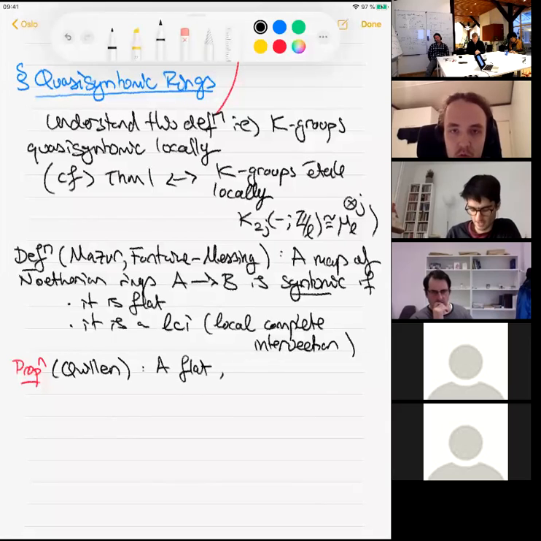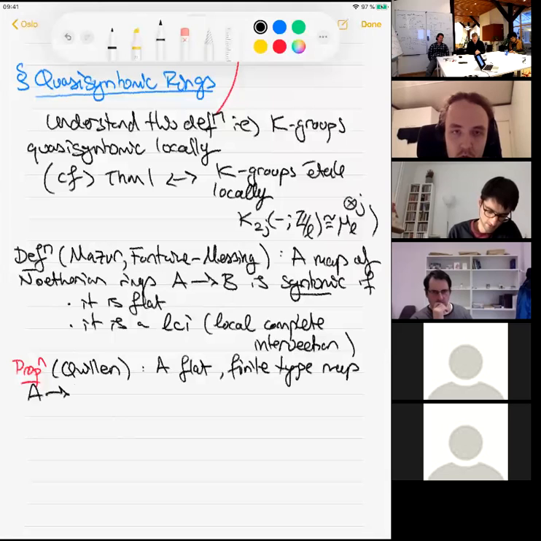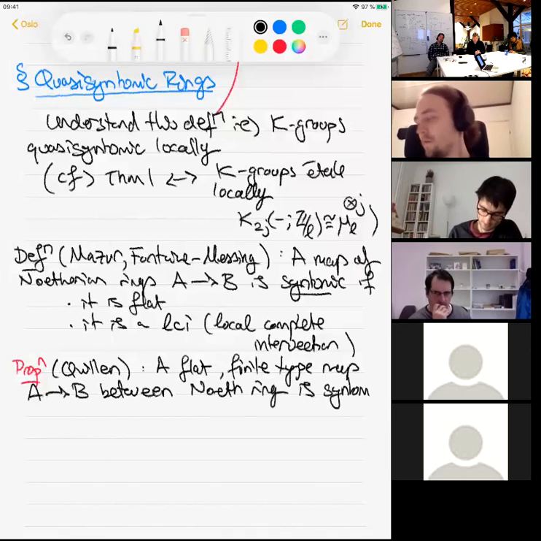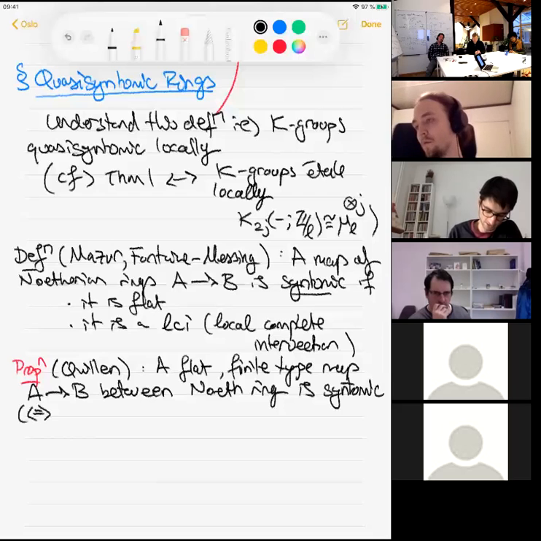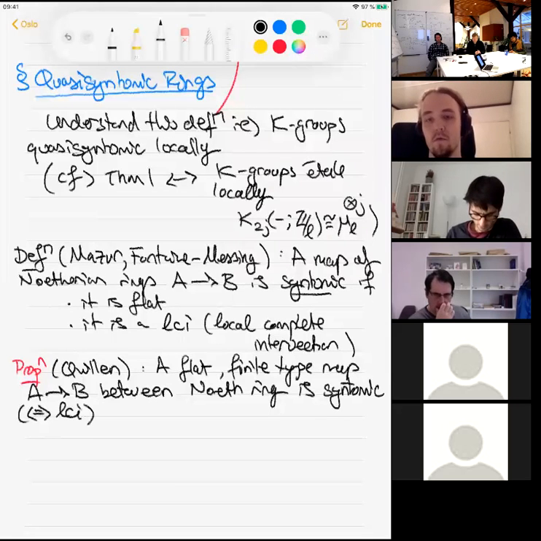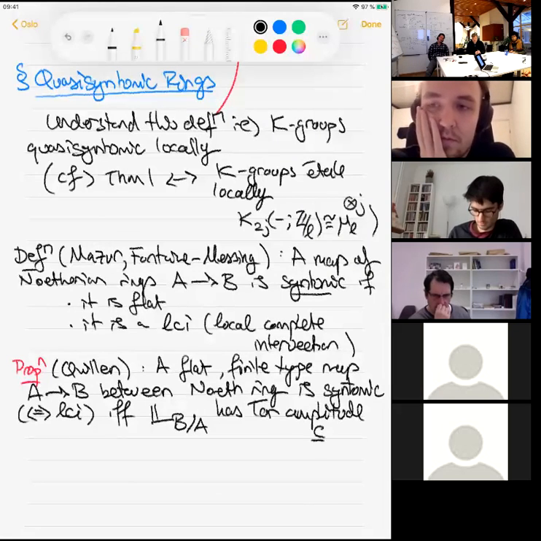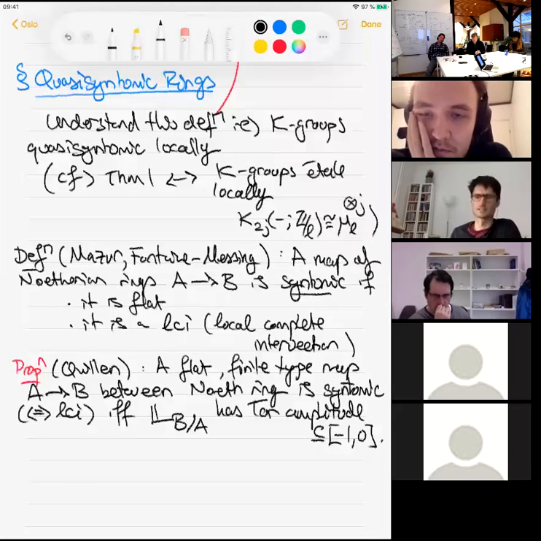So Quillen showed that a flat finite type map A to B between, again, you need to assume everything's Noetherian, between Noetherian rings is syntomic, in other words, I just need to check that it's LCI and then I'll satisfy all the conditions, if and only if the cotangent complex has Tor amplitude, all my indexing is cohomological, sitting in the range [-1, 0], which you indeed see as a necessary condition, but in fact it's sufficient.